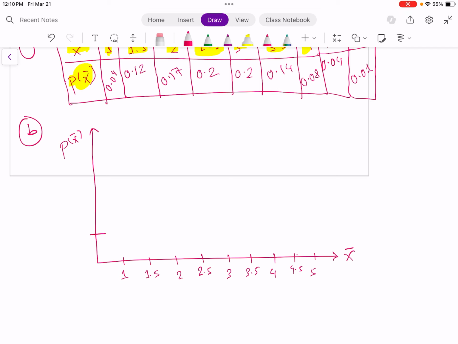Okay, so let's make it, so we have 0. So let's say this is 0. Okay, now 0.05, this is 0.1, this is 0.15, this is 0.2. I think it should be enough. So at 1 we draw a bar of a height 0.04.